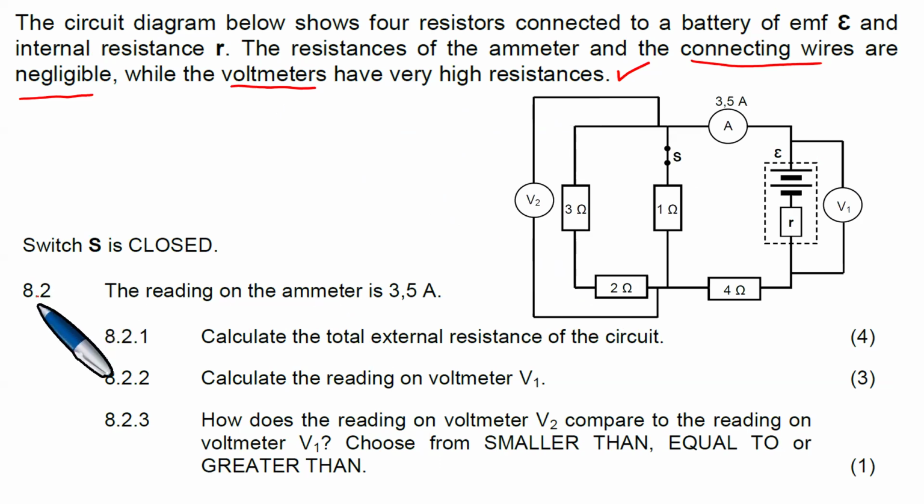But let us answer the questions. Switch S is closed. The reading on the ammeter is 3.5 amperes. Calculate the total external resistance of the circuit.